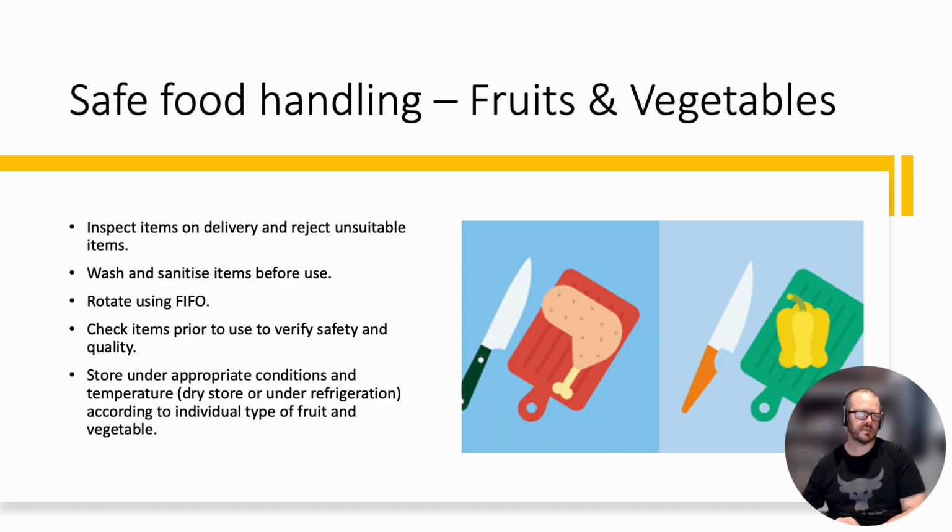Food handling practices for safety with regards to fruits and vegetables. Everything that we receive, we should be checking, inspecting on delivery and rejecting anything that's unsuitable. Washing and sanitizing, FIFO, storing them under appropriate conditions.